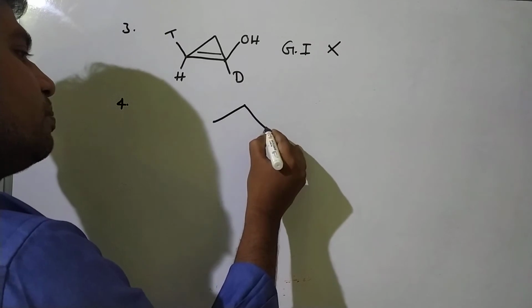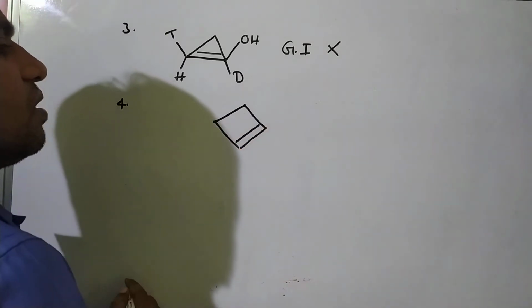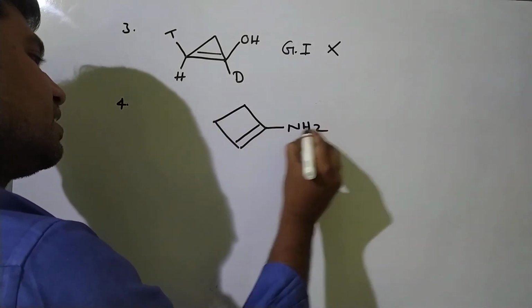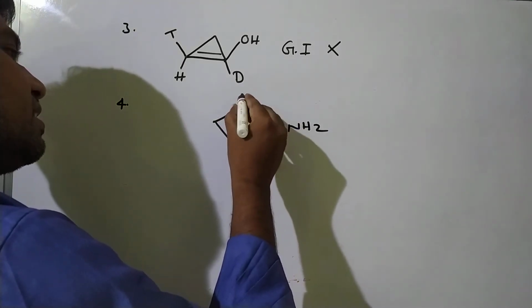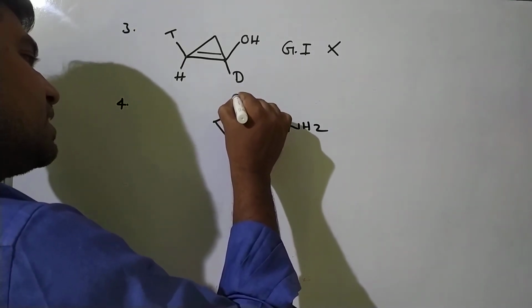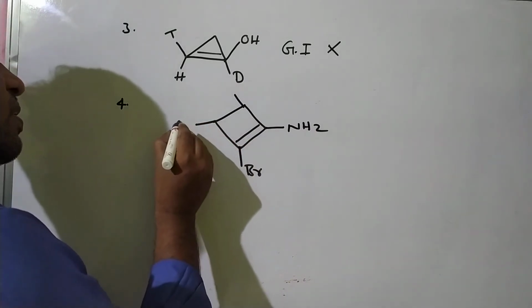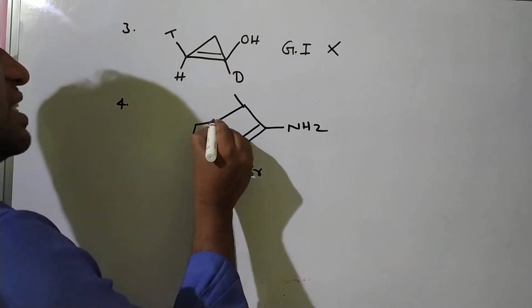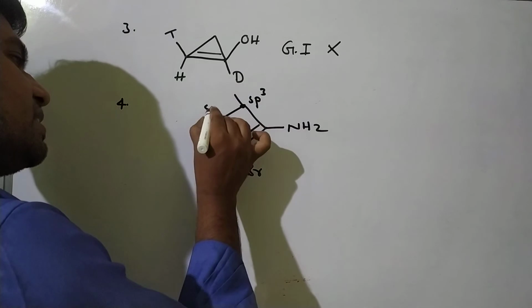This is cyclobutane. Here some NH2 group is there, here some bromine, here some methyl group, and here some ethyl group. This is one sp3 carbon, this is another sp3 carbon.